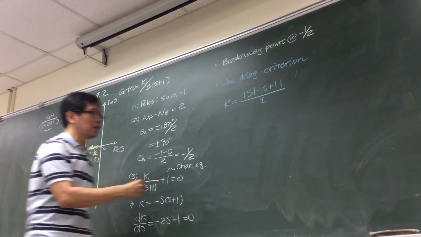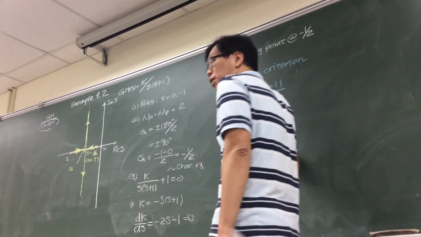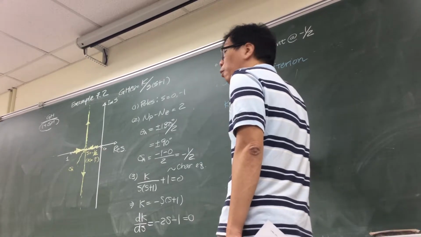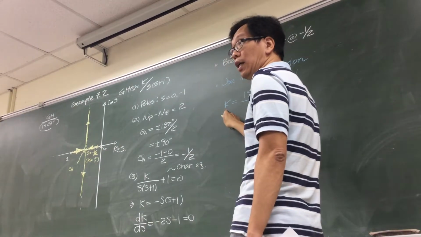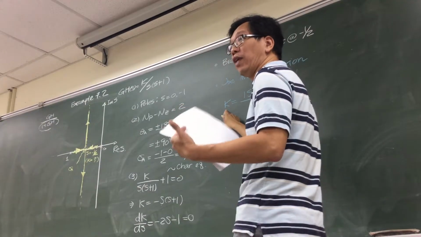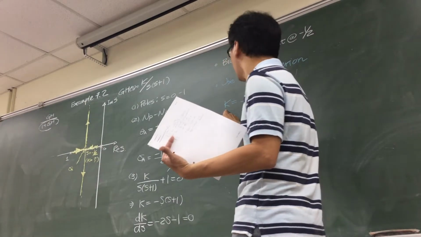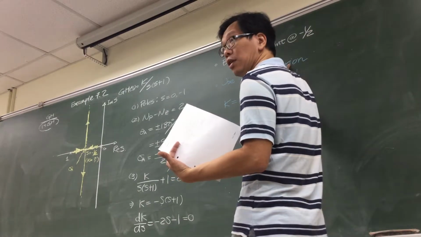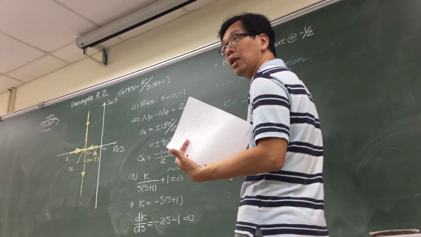If we do that, this is the formula we're going to use because we're talking about magnitude. And we try to find what my k is. K is a gain, and it's going to affect my magnitude. So I'm going to use the magnitude criterion to identify what my k is going to be.